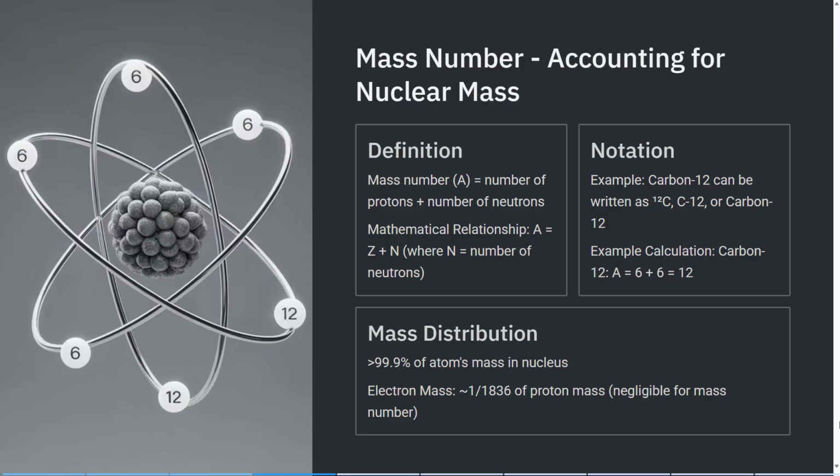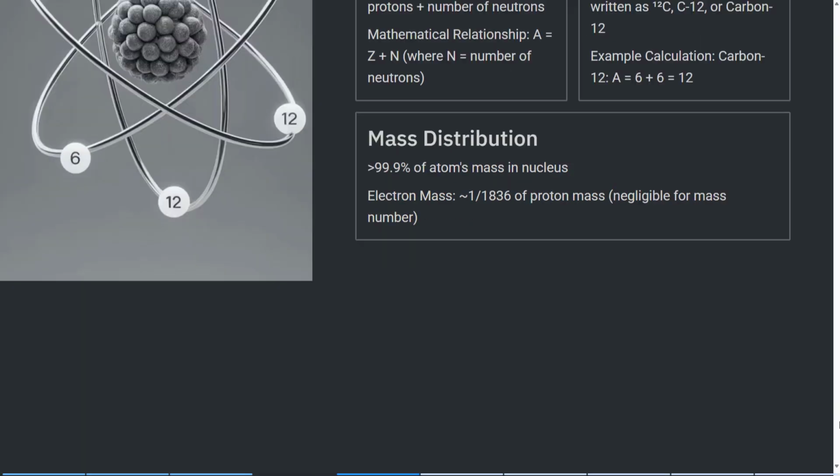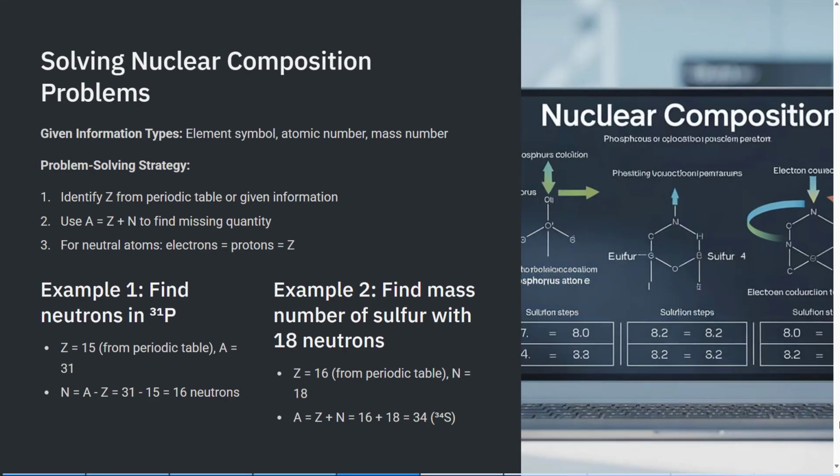When solving atomic structure problems, follow this three-step strategy. First, identify what you are given. Second, use the relationship A equals Z plus N. Third, solve for the missing quantity. Let's work through an example. Find the number of neutrons in phosphorus-31.